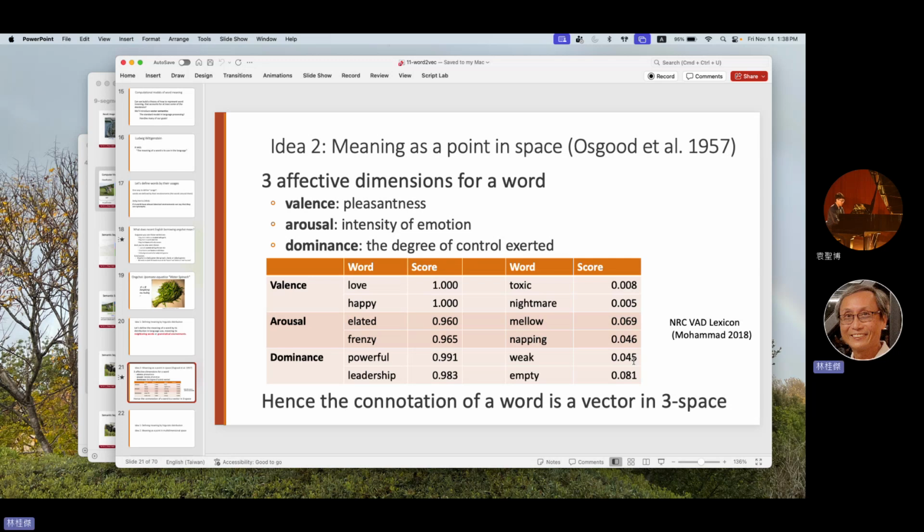Okay, so for example, suppose I tell somebody that I am here, on the 14th floor of this building, and somebody says, oh, I'm here also, but I'm on the first floor of this building. Then you know that even though your XY location is the same, your Z is so different, so you are not so similar to each other.